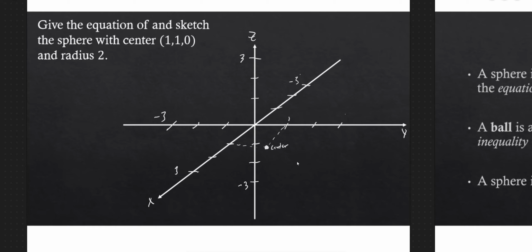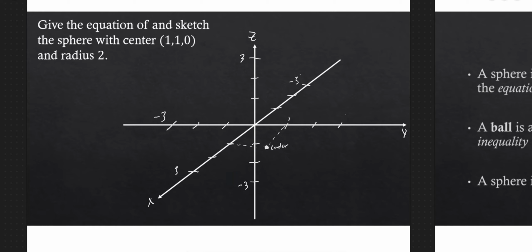When I did this for the circle, we went in the x direction positively and negatively, and then the y direction positively and negatively. Here we're going to do that 3 times. In the x direction, I can go over 2, so this is the extent in the x direction that the sphere goes.